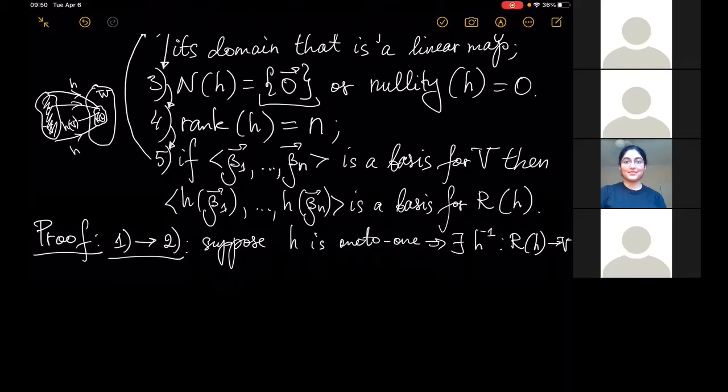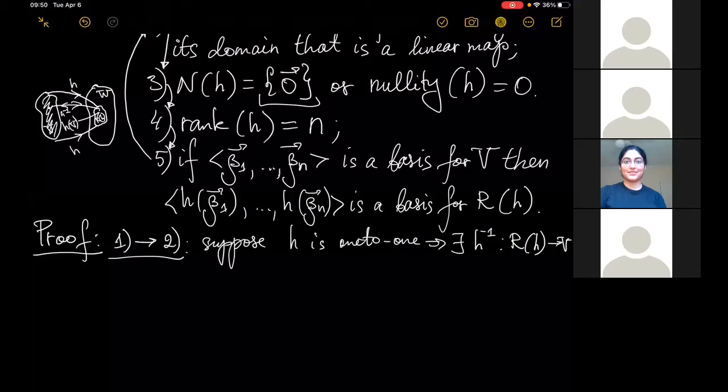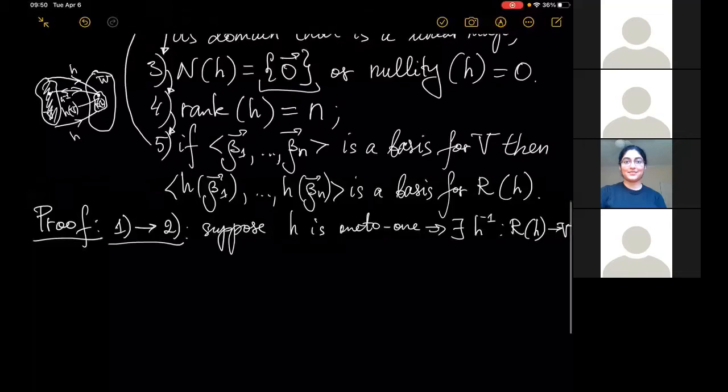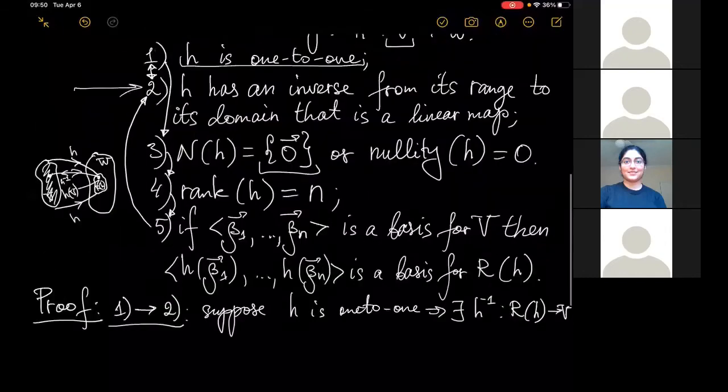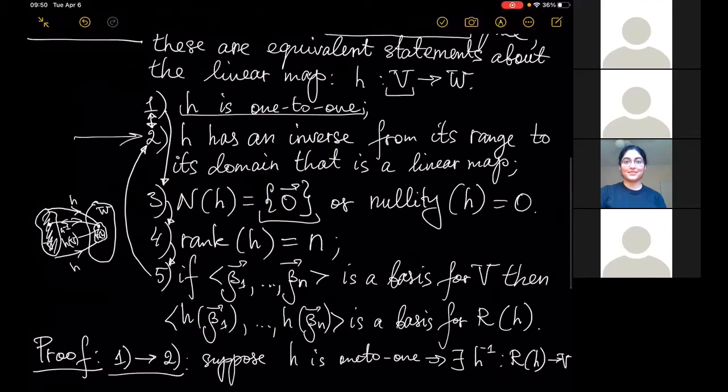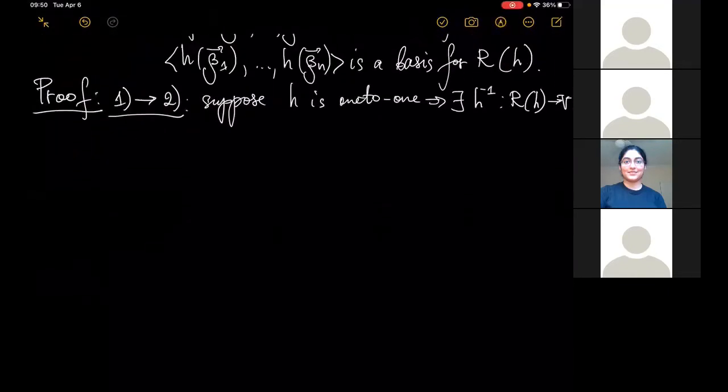So we introduce the inverse function, which just creates the correspondence like that. Now, we see that the inverse obviously exists from the range. Now we need to prove that this is a linear map. How can one do this?